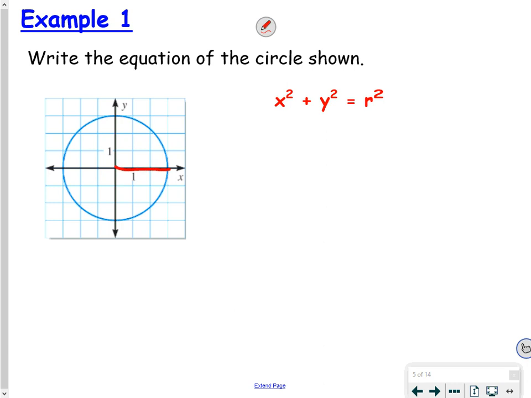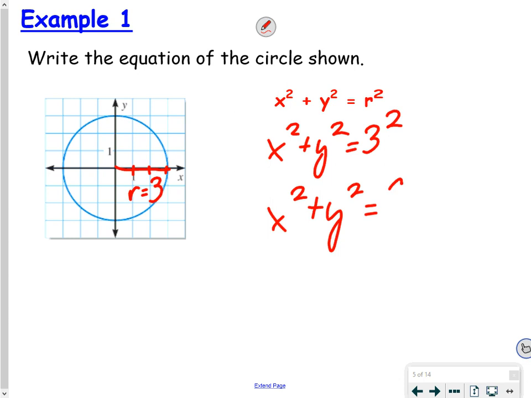That way, all we got to do is just count. 1, 2, 3. So the radius in this case is 3. That's pretty simple in terms of writing our equation now. We've got x squared plus y squared equals 3 squared. 3 squared is 9. So boom, got the equation of this circle.